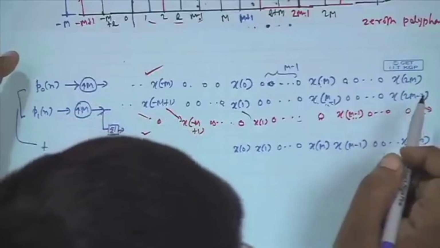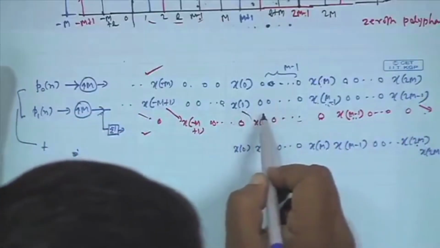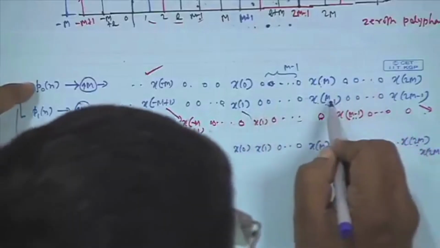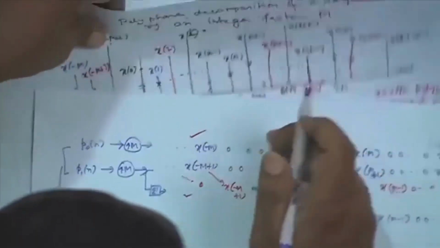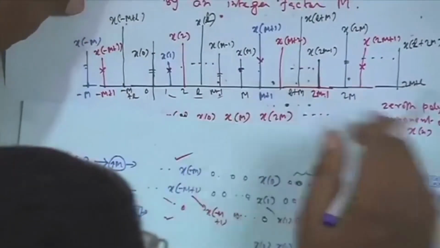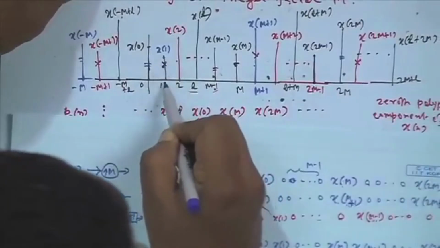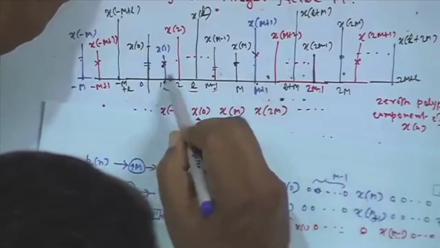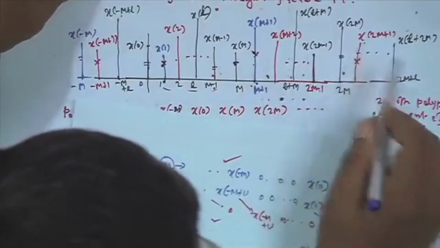Okay. This m plus 1, again I am making a mistake, m plus 1. See again, in case you have doubt, x 1, this guy at 1, then 1 plus m, you jump to the right by m, so x m plus 1, jump to the right by m again, 2 m plus 1.